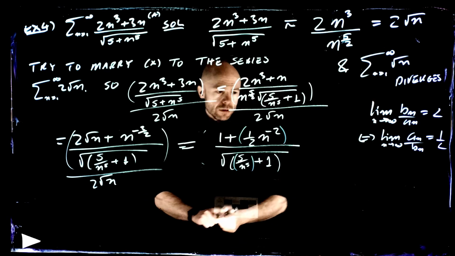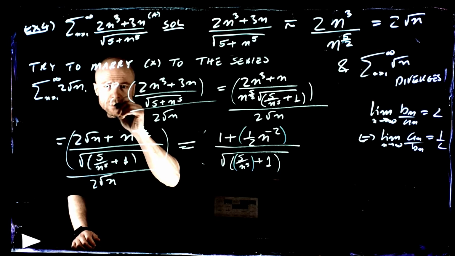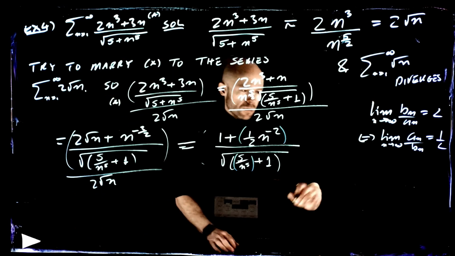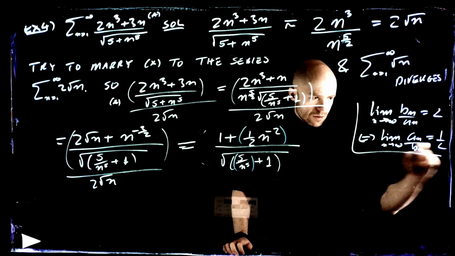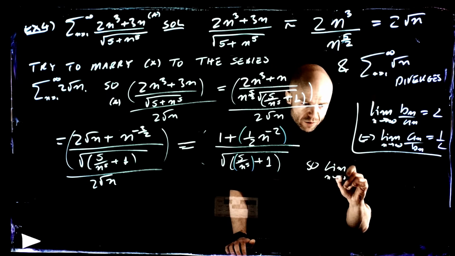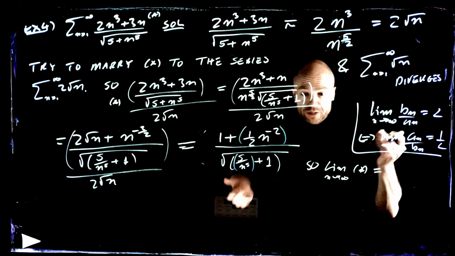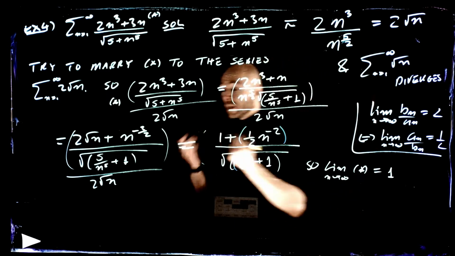Okay, cool. So let's call this thing star. The limit as n goes to infinity of star is equal to 1, which is a non-zero number. So they are married.